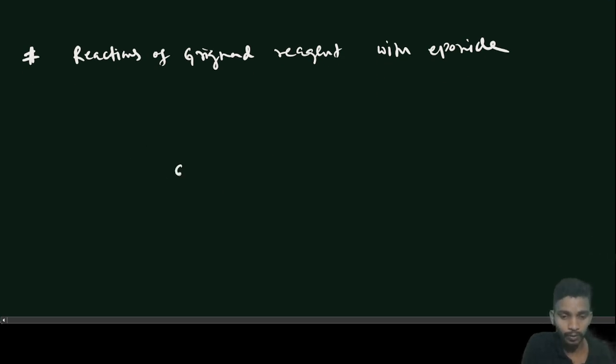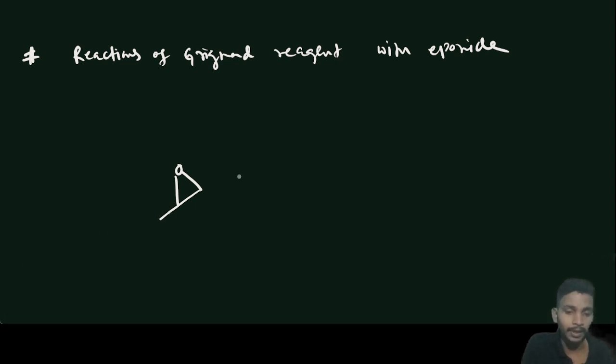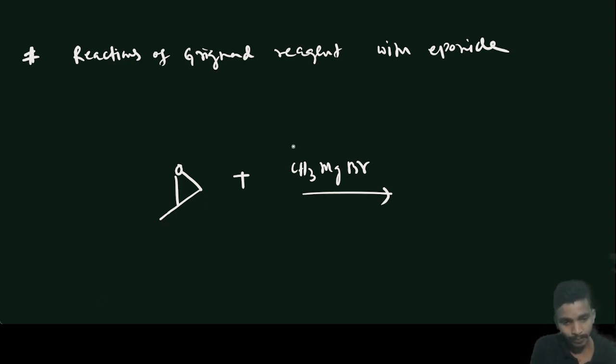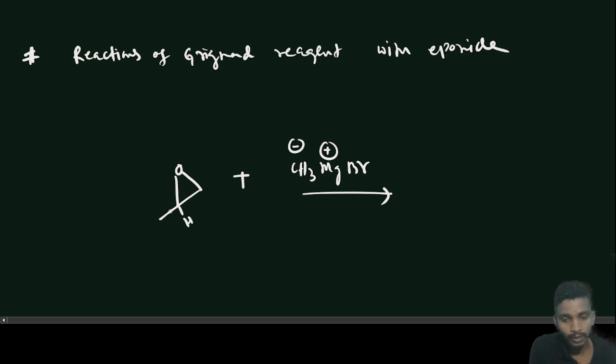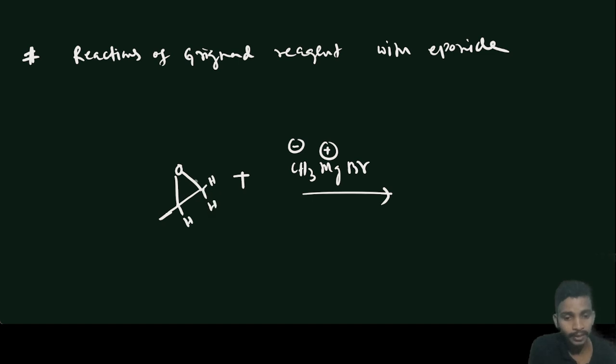Let's say we have this epoxide and a Grignard reagent, CH3MgBr. The Grignard carbon is negative and Mg is positive, and it will attack the side of the epoxide that is less hindered. Here one methyl group is there, so it is more hindered, but on the other side two hydrogens are there, so it is less hindered.